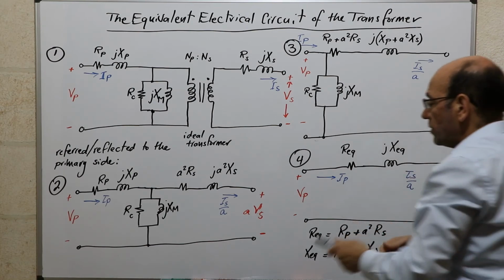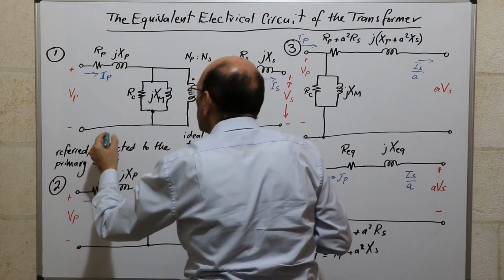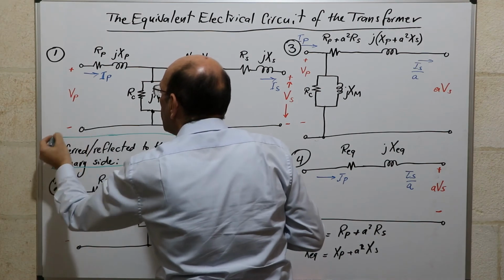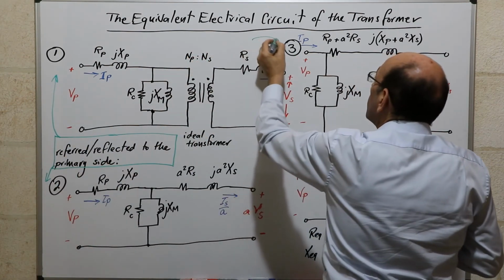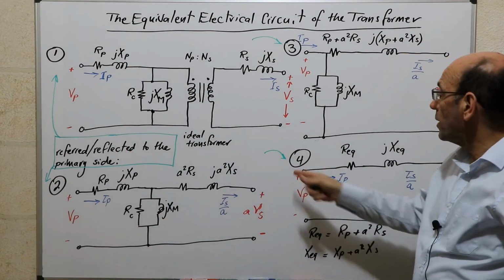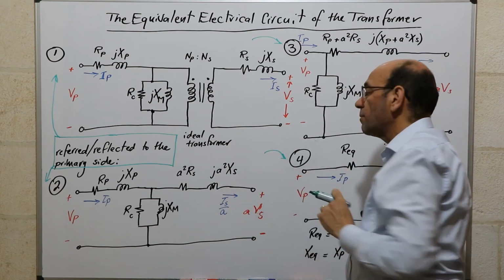But I have to stress again that all of this is actually referred to the primary side. So all of these models, whether this or this or this model or this model, all of them are referred to the primary side. So this is what you would see when looking at the transformer from the primary side.